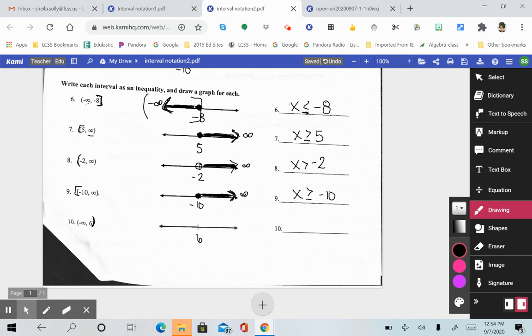Because there's a parentheses here, it's an empty circle. It's the numbers between negative infinity and 6, which means we're shading this direction. So now what we're representing is all numbers, that's x, that are less than 6. Not equal to, because there's not a bracket or a filled circle.